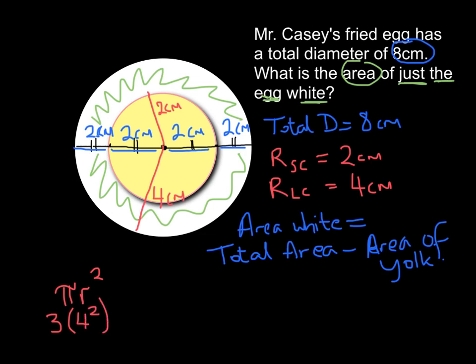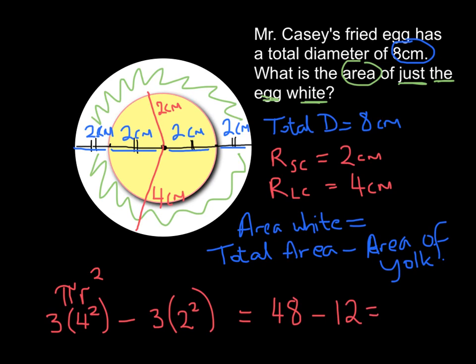And total area, that's the total area, minus the egg yolk, which is going to be pi, which is 3, and our radius is 2 squared. So that equals 3 times 16, which is 48, minus 3 times 4, which is 12.